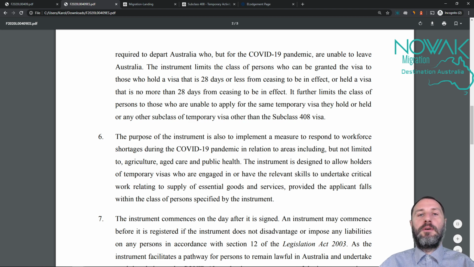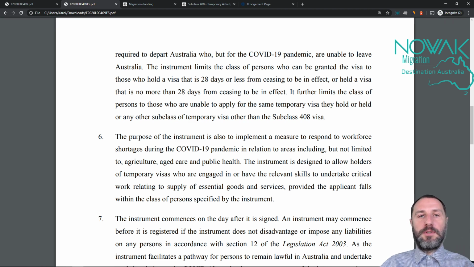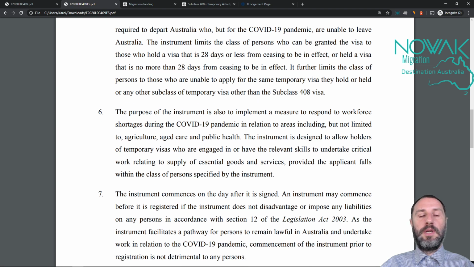Happy days. So in theory, anybody who cannot leave Australia apply for the 408. No, not really. The instrument limits the class of persons who can be granted the visa to those who hold a visa 28 days before or after ceasing.